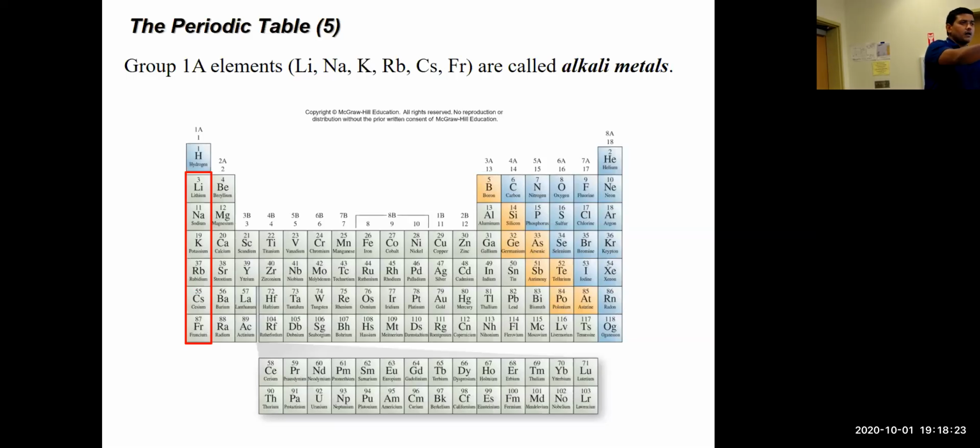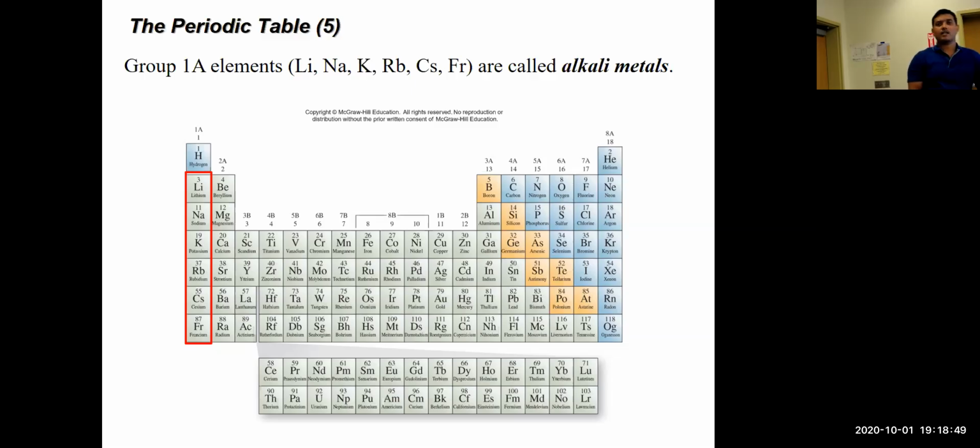Group 1, excluding hydrogen, which should be here but is arranged here because of its number of valence electrons, which we get into later in this term. All the metals in group 1 were shown to have similar characteristics, which is why they were arranged there: lithium, sodium, potassium, rubidium, cesium, and francium. They are in general referred to as alkali metals.